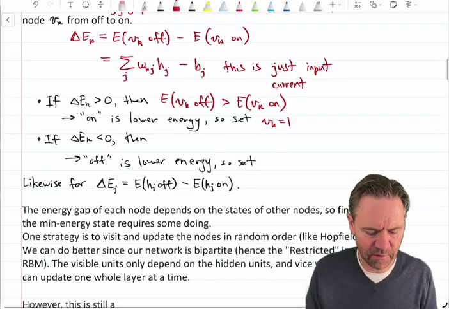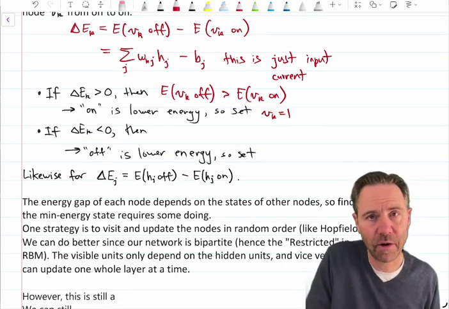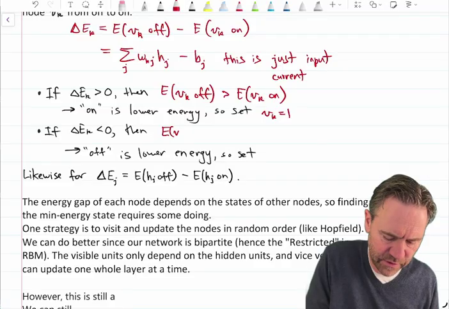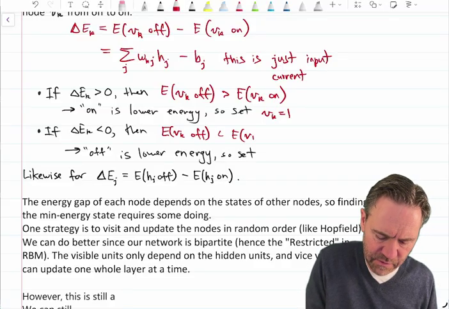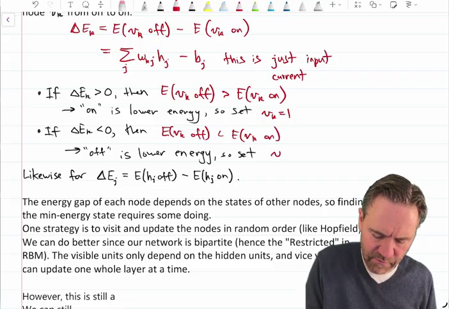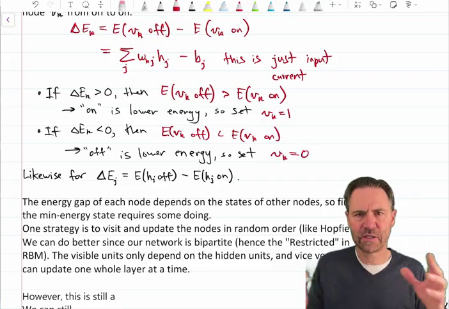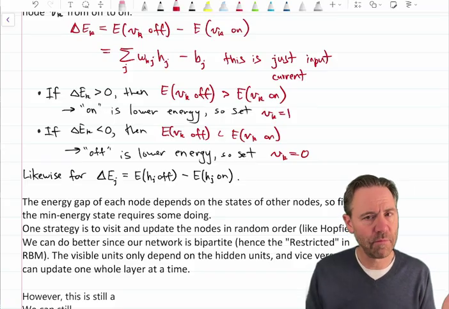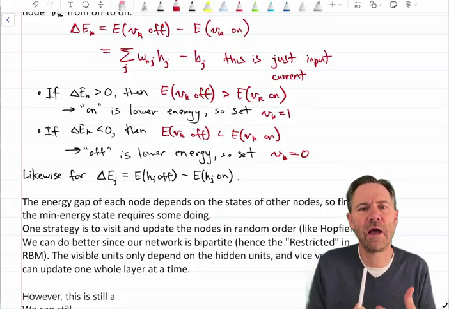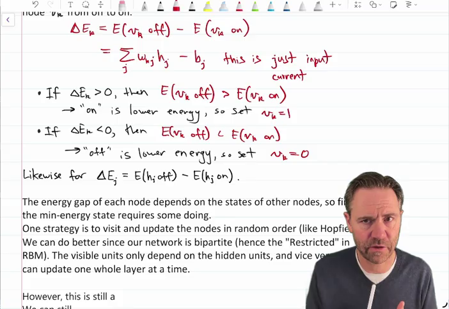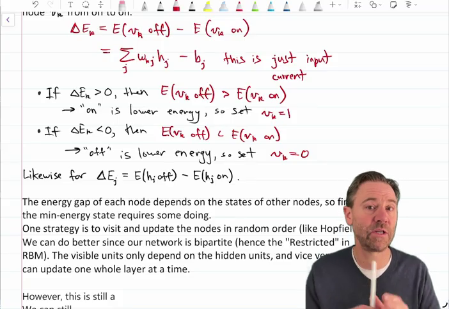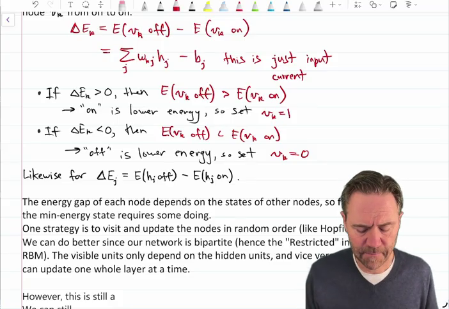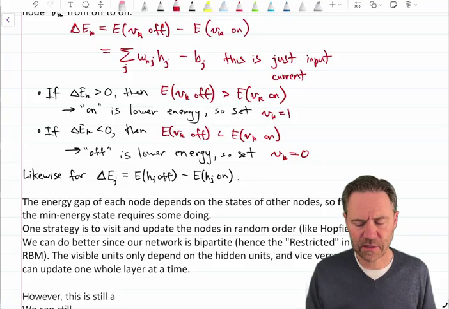If the energy gap is negative, then it's the other way around: the energy of V sub k off is less than the energy of V sub k on, so we'd want V sub k to be 0. So this is choosing the V's to minimize, choosing the activity of the nodes to reduce the energy, just like we saw in the Hopfield network. So we're fixing the weights, but changing the activities of the neurons.